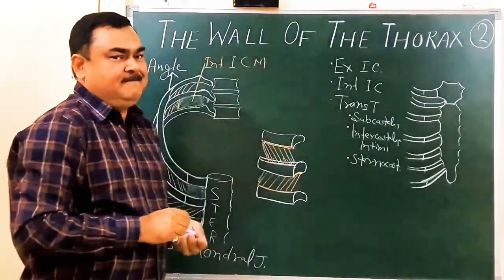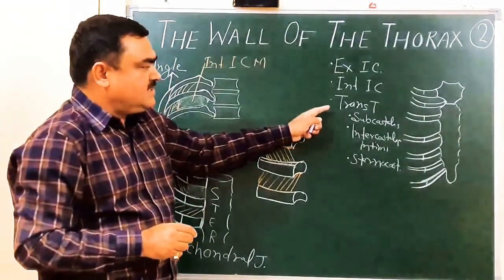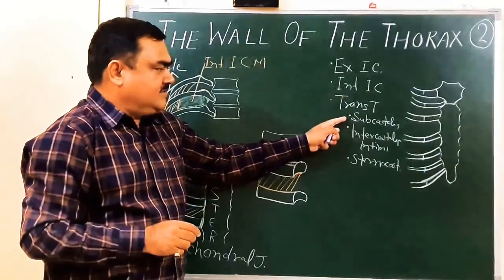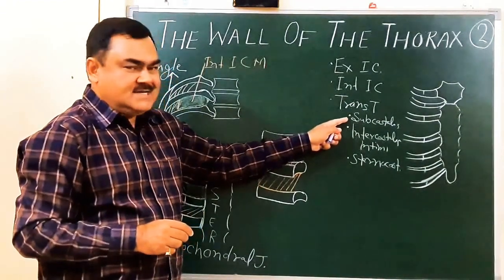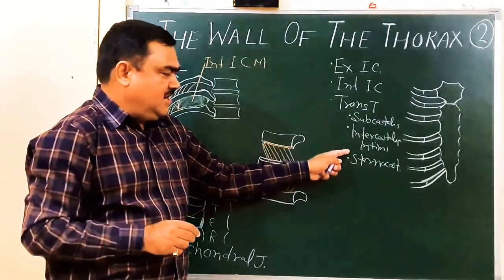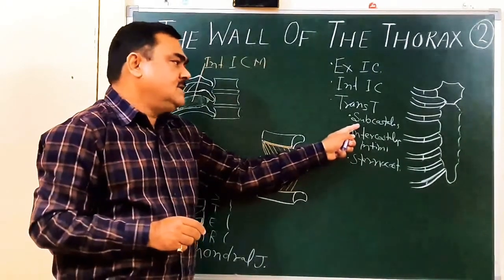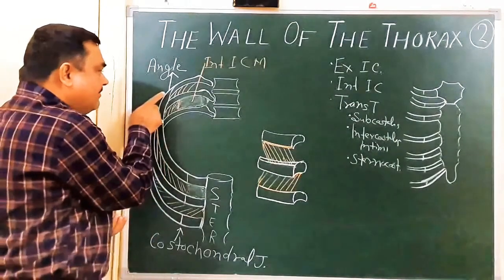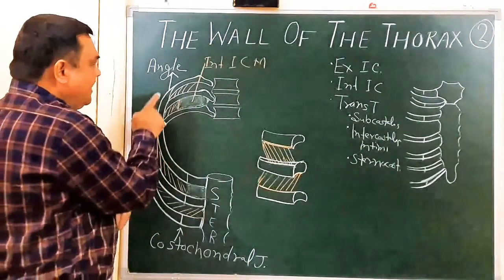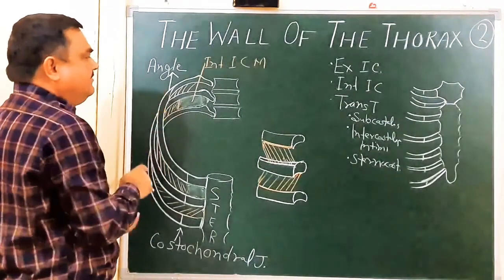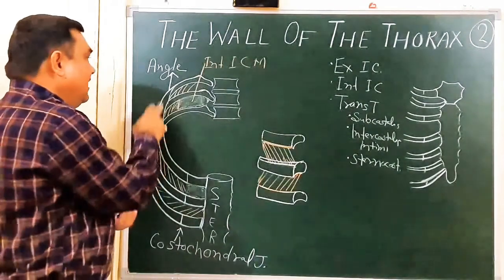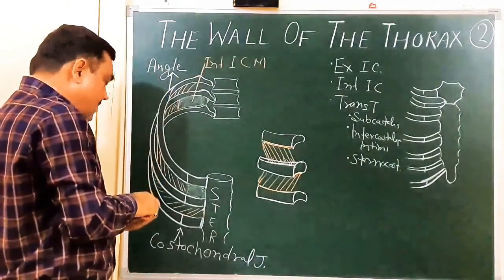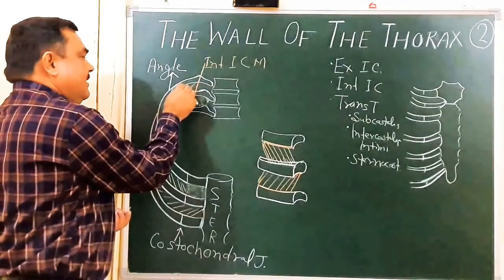And the muscle is transverse thoracis. This transverse thoracis muscle has three components: subcostalis, intercostalis intimi, and sternocostalis. This subcostalis lies at the level of the angle, and is especially present in the lower part of the thoracic cage.